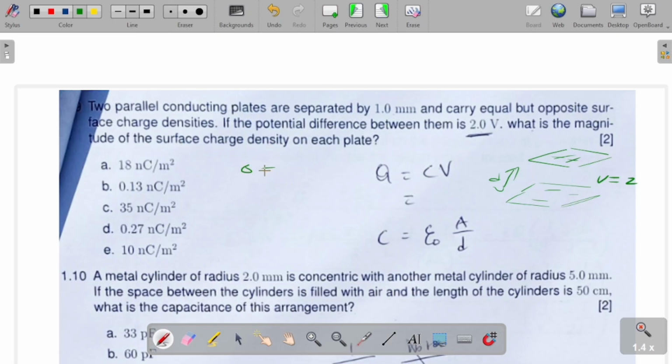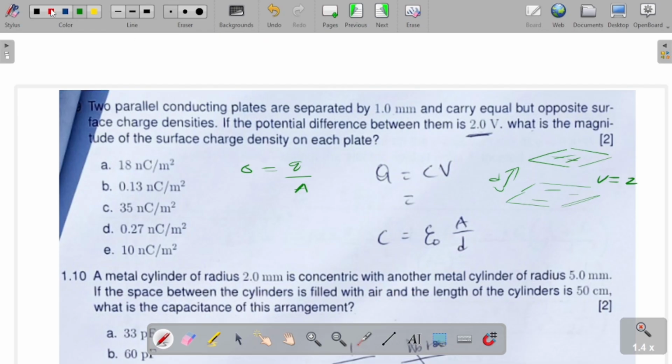Remember, the surface charge density is given by charge over area, right? So what formula can we use to find that charge on the plates? We can use Gauss's law here too, guys.